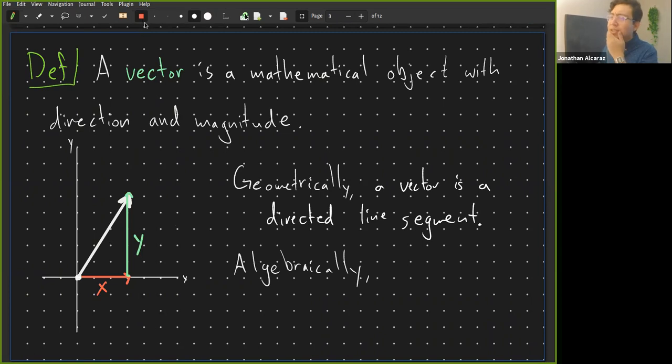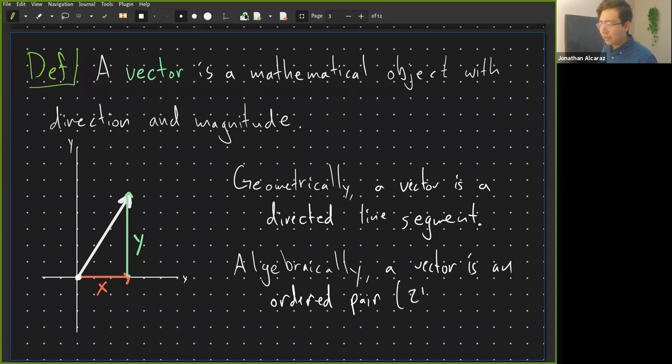But how does that relate to the algebra side of things? So when we talk about vectors algebraically, a vector is an ordered pair. Well, if it's 2D, then you only need two numbers. A pair is two numbers. Or an ordered triple. An ordered pair is two numbers in some order, and an ordered triple is three numbers in order.